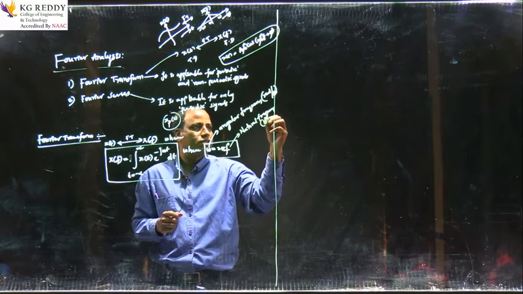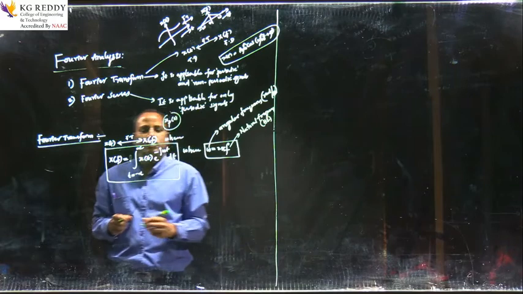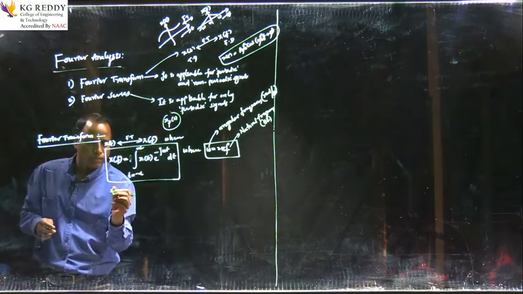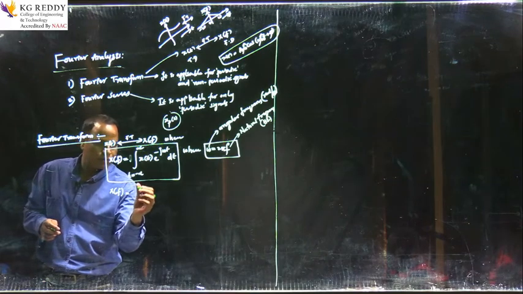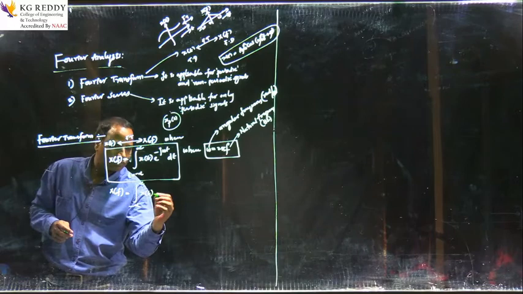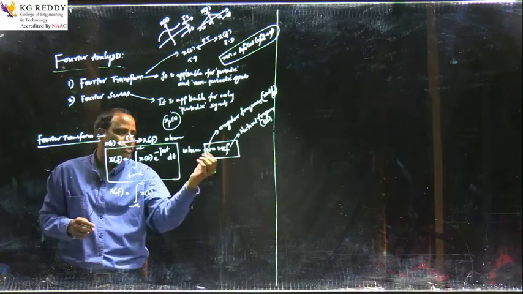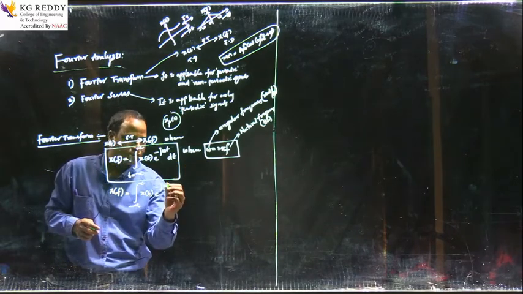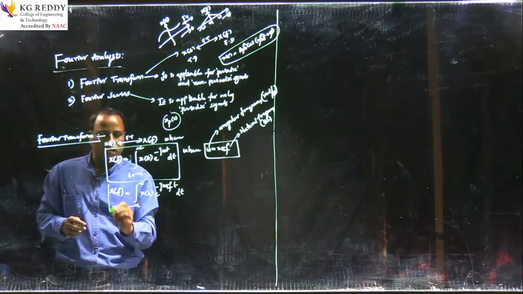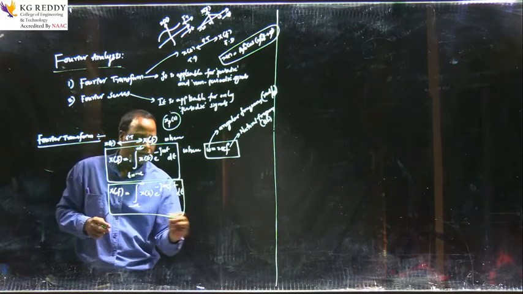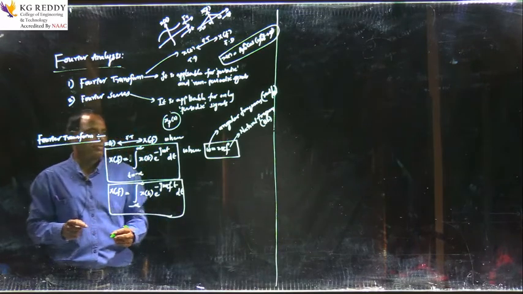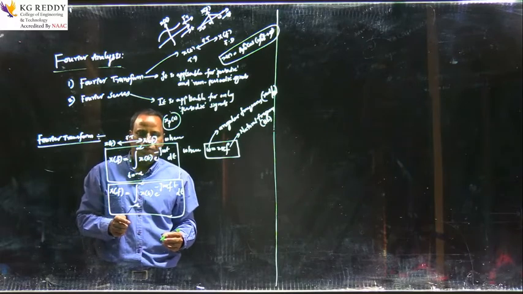The units for this are hertz. And this x of f can also be represented as the integration from minus infinity to plus infinity of x of t e power minus j 2 pi f t into dt, if I substitute omega equal to 2 pi f. This is also another way of expressing the Fourier transform definition.